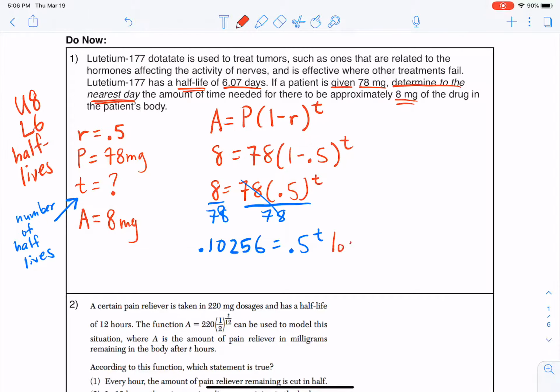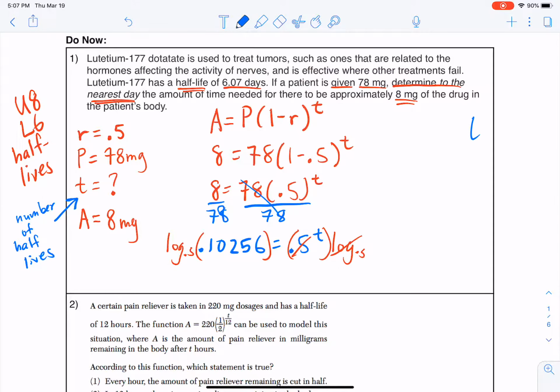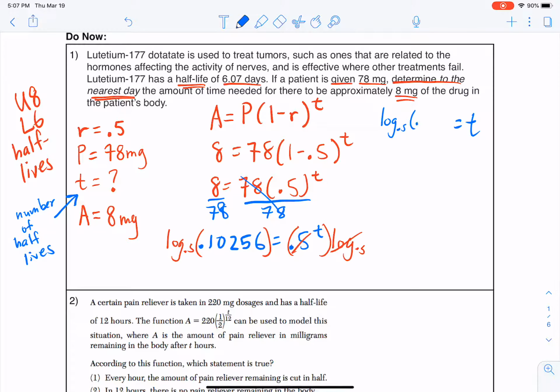So I'm going to take the log of 0.5 of both sides of the equation. So on the right side, what that does is let me isolate my variable, or isolate my T. And then I've got on my left side log of 0.5 of that decimal there, 0.10256.